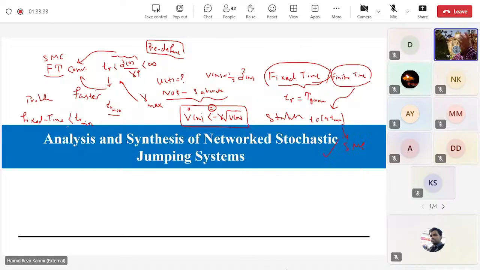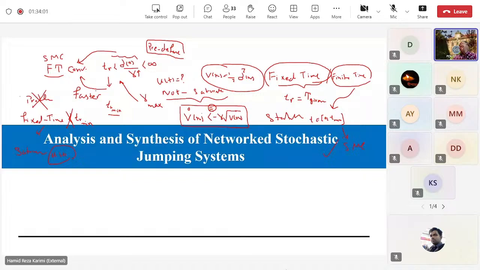Because if you go below this value, then you have a saturation problem for the control signal U(t). Therefore, if you want to avoid this problem, you need to come back to your Vx and try to modify it. There are some publications.